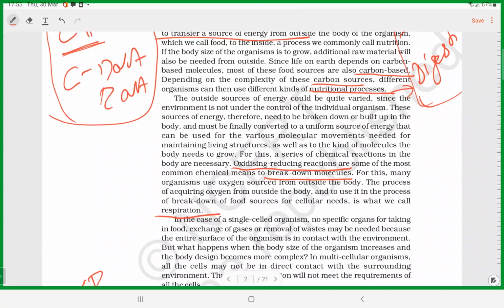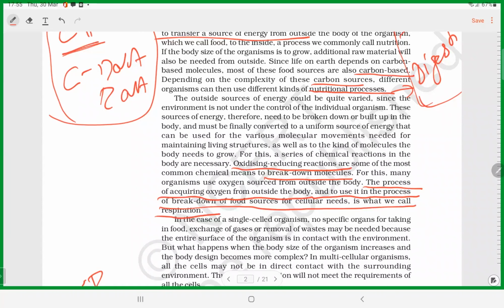So what system comes here? Don't worry, cell, I am there to help you. The respiratory system comes here. Respiration is the process. How can you define respiration? The process of acquiring oxygen from outside the body and using it in the breakdown of food sources for cellular needs is called respiration.